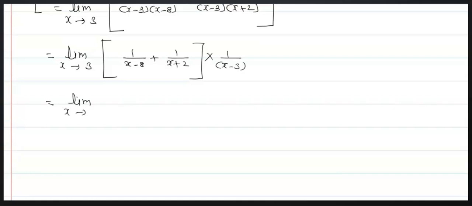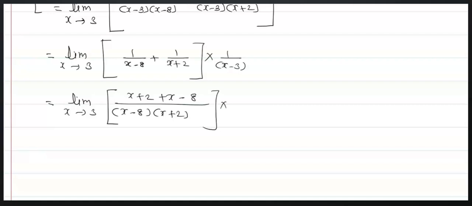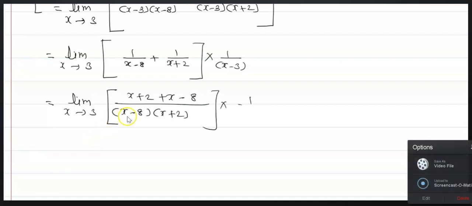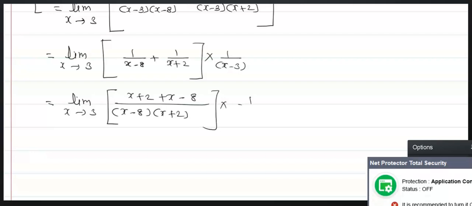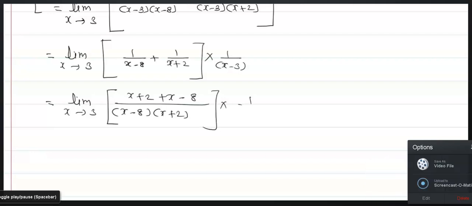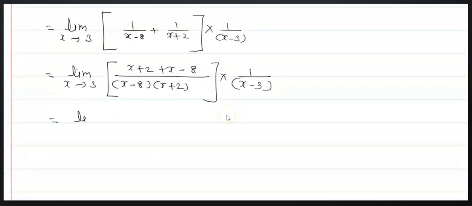Now make the cross multiplication, limit x tends to 3, x plus 2 plus x minus 8 upon x minus 8 into x plus 2 into 1 upon x minus 3.